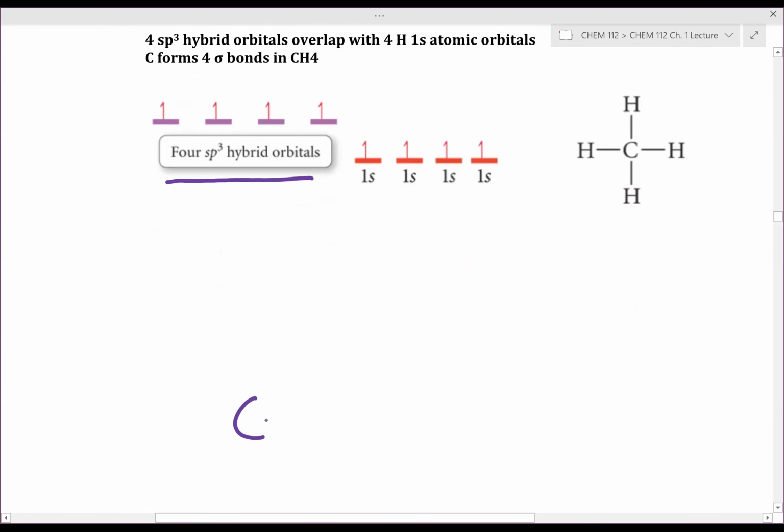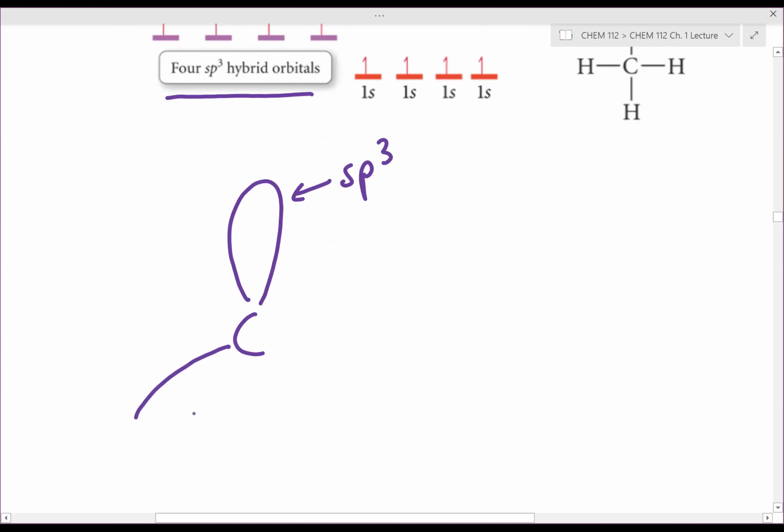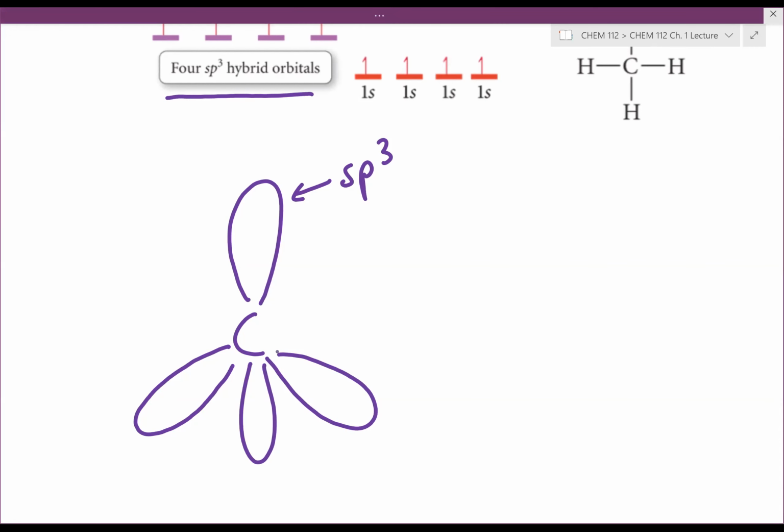So I'm going to draw out my carbon atom, and here's my first hybrid orbital, which is sp3 hybridized, and I need to draw out 3 more. 1, 2, 3. Okay? So far, so good. Each of these hybrid orbitals has 1 electron to its name.